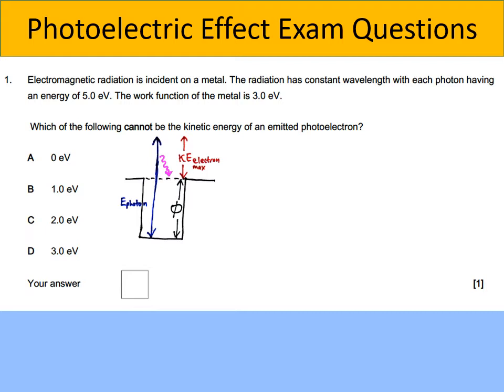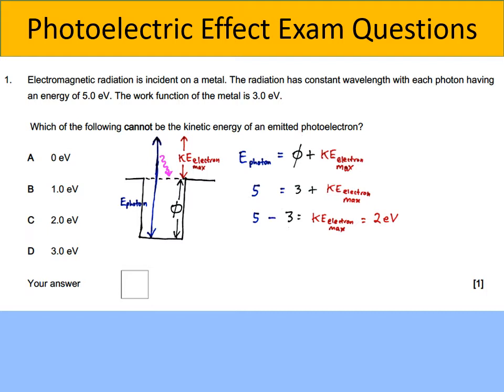There we can see the incoming photon, and the energy of the photon must be equal to the work function added to the maximum kinetic energy of the photoelectron. So that is the photoelectric equation, Einstein's photoelectric equation.